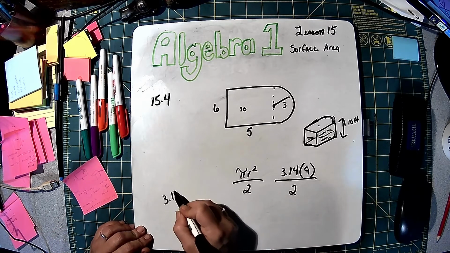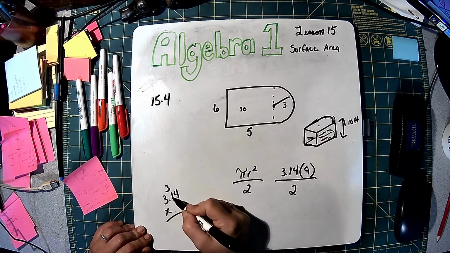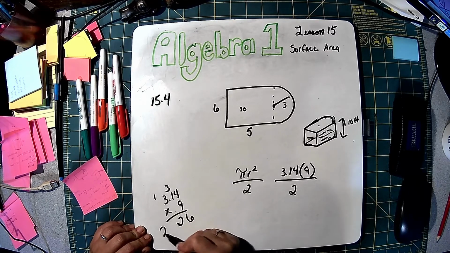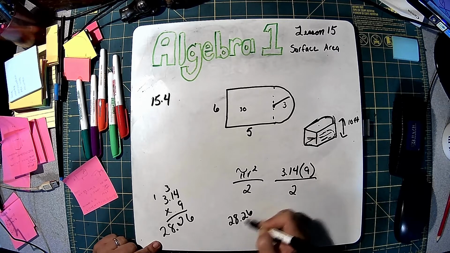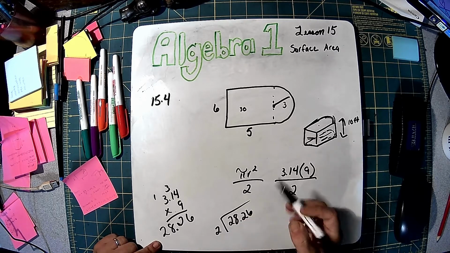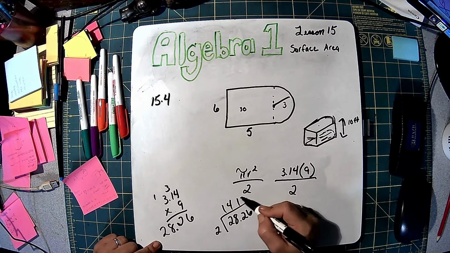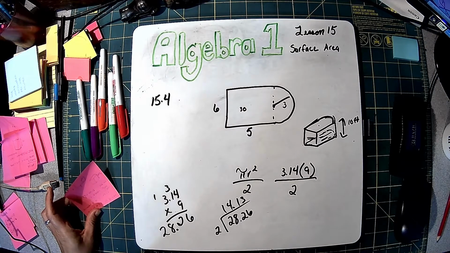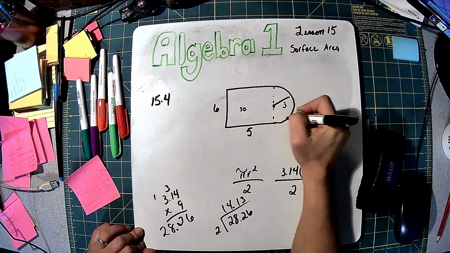So 3.14 times 9 would be 28.26, and then we have to divide that by 2, which is 14.13. So 14.13 is this half circle.